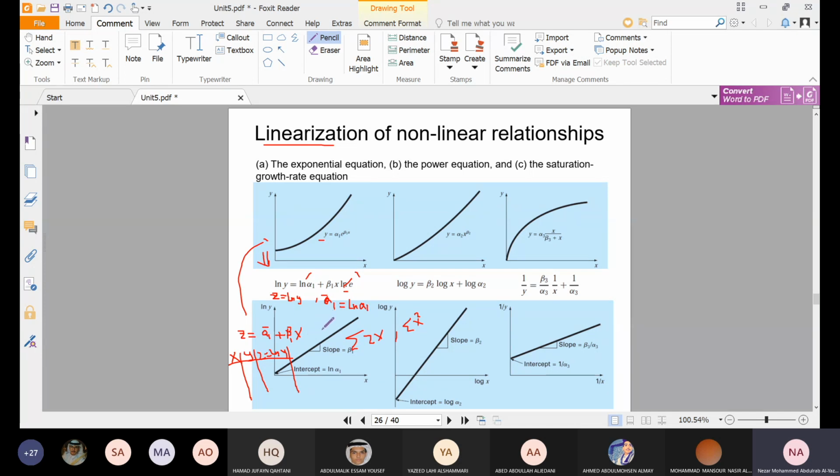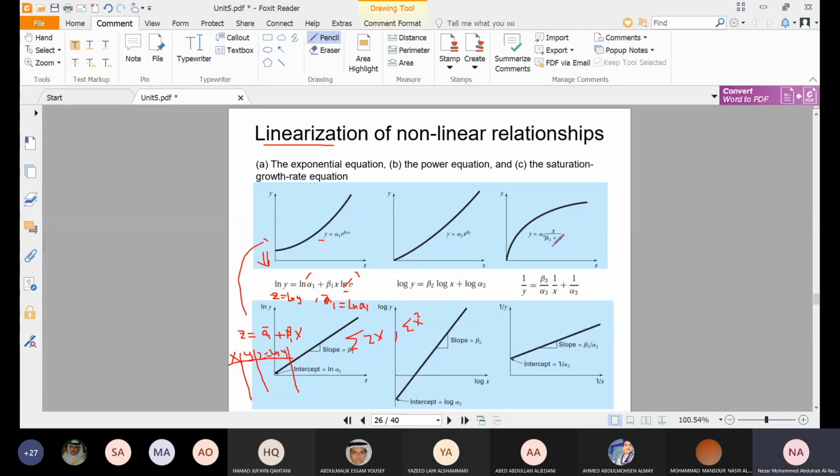So that means, ya shabab, if we have any nonlinear equation, we try to linearize it. Sometimes we need the skills that we studied before. Usually we have three types of nonlinear relations in this course: exponential, power equations, where we have x to the power of something, or a saturation ratio or fraction ratio.